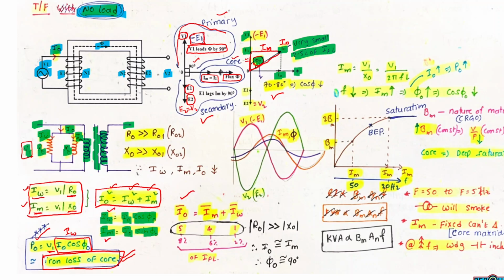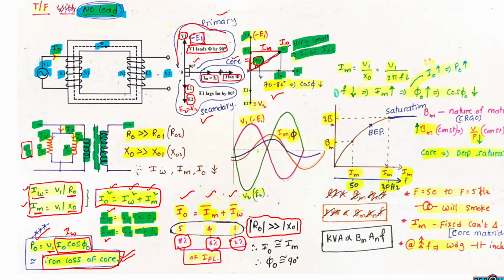No load current, magnetizing current and working current. On the larger scale, the no load current is only 2 to 5% of total full load current. If you compare R0 and X0 values, the R0 value is very high compared to the X0 value. So the angle between supply voltage V1 and no load current I0 is phi naught.